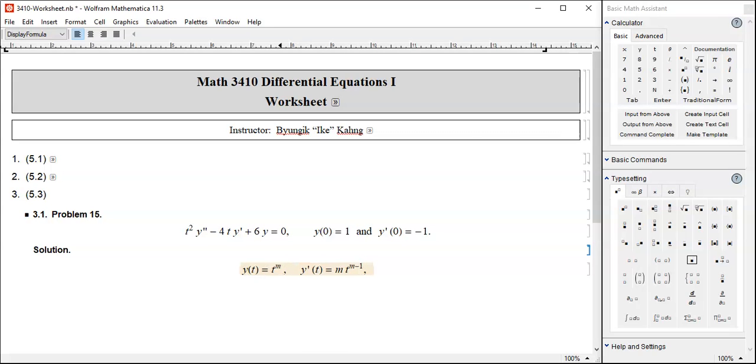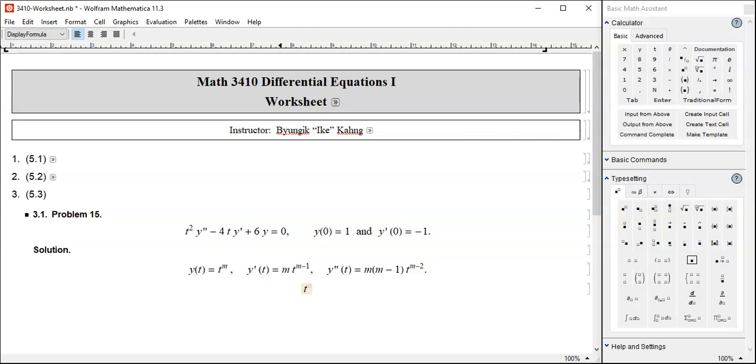That's a derivative. That's the second derivative. And then we're going to put those into this.